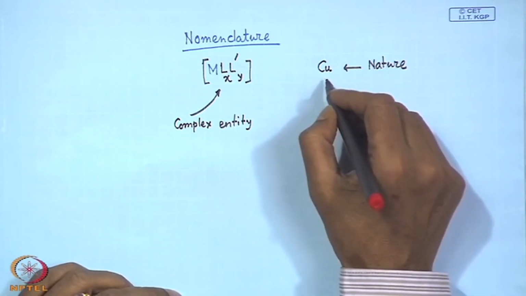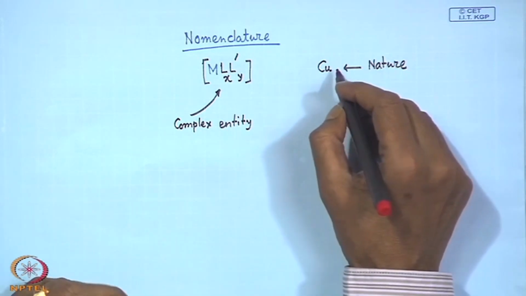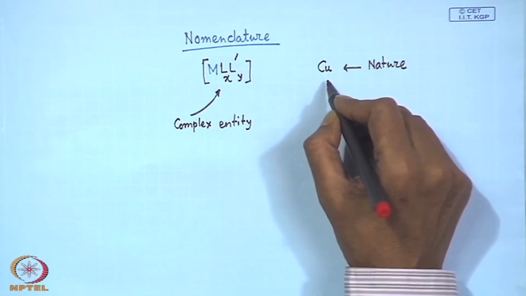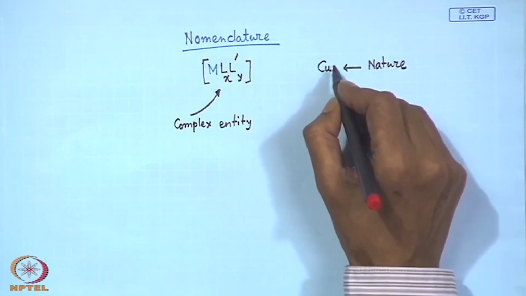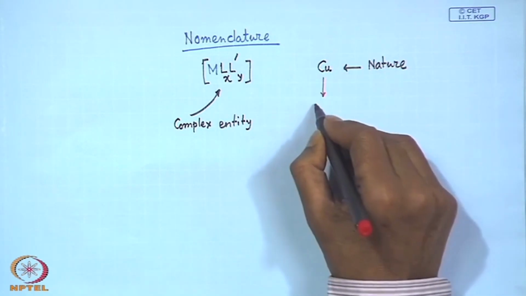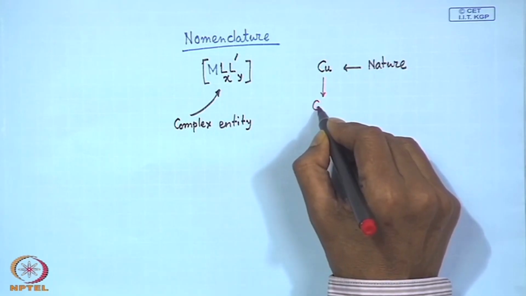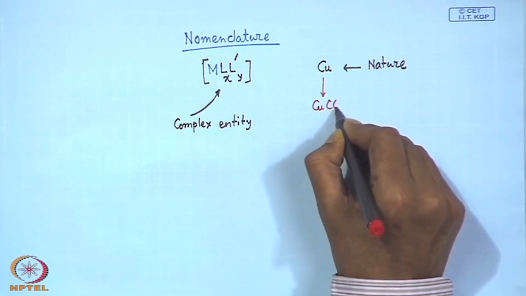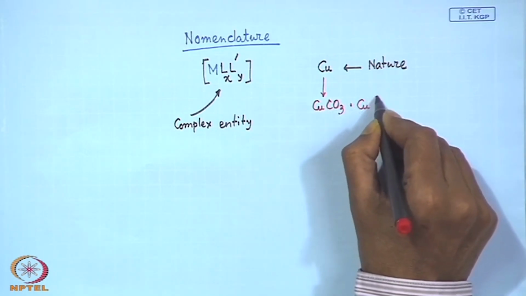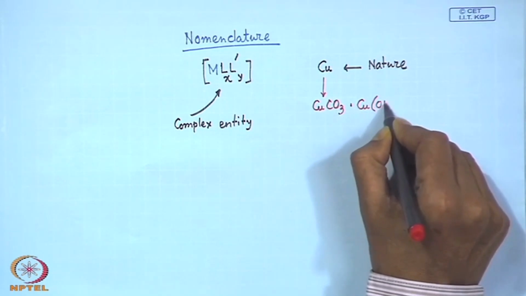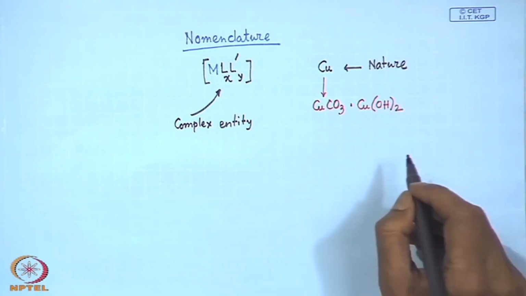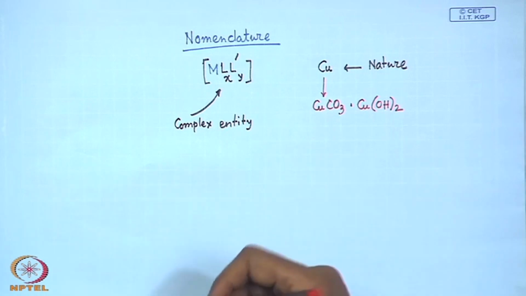So, we get some important corresponding inorganic compounds like copper oxide, copper sulfides and all, and if we see that we get a corresponding compound like say copper carbonate, or sometime we get as the basic copper carbonate, that means copper carbonate, copper hydroxide double salt.